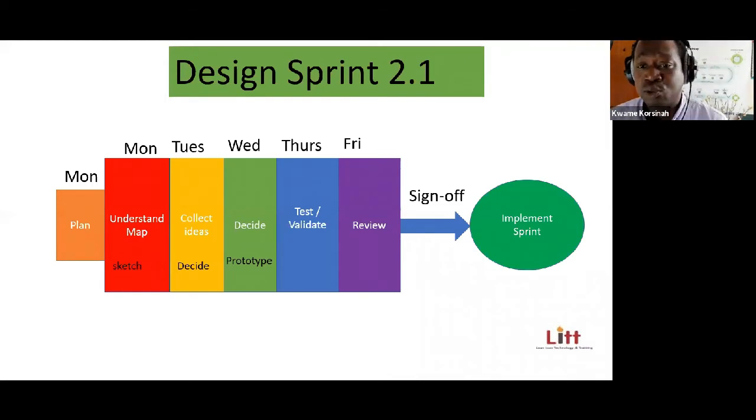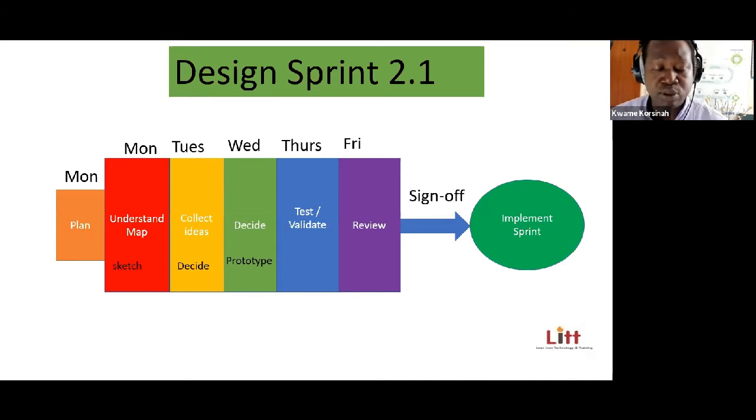As we near the solution, we need to create prototypes. And the prototypes could be low fidelity prototypes, which are just paper drawings, or we could go to high fidelity prototypes where we are creating prototypes on a system, and that could be prototypes that could be used and we could get feedback from those prototypes.